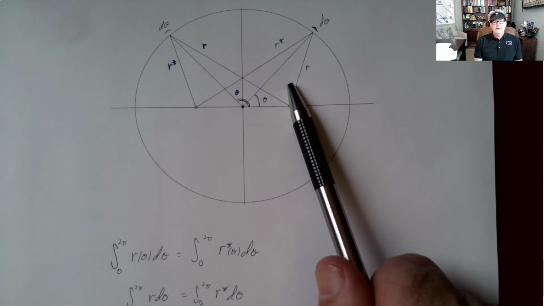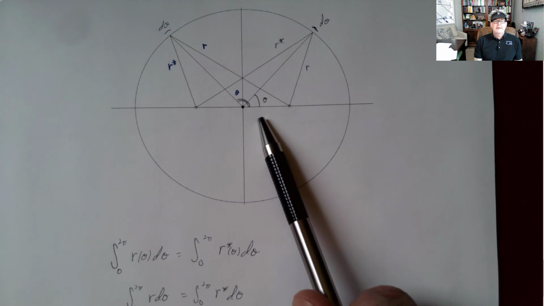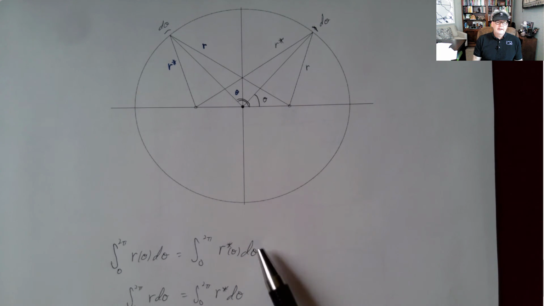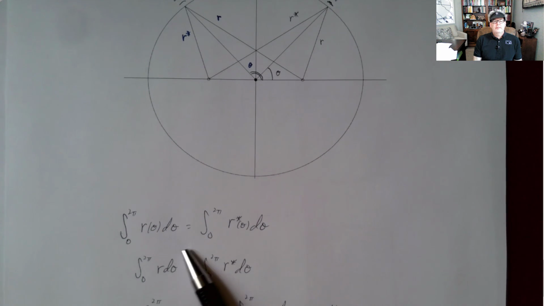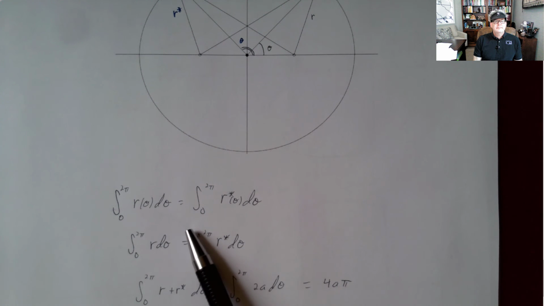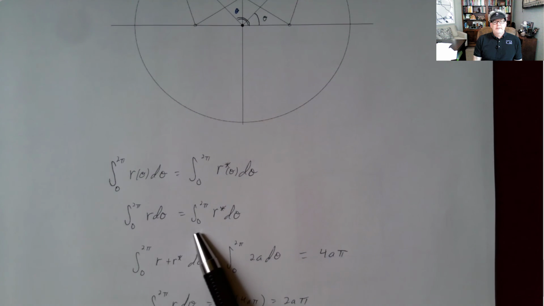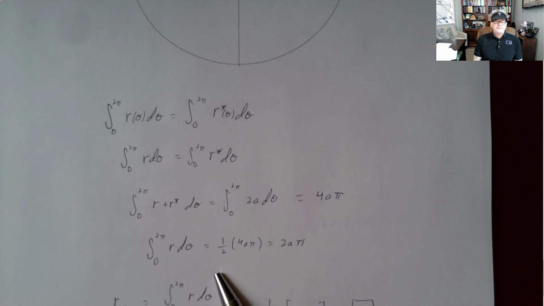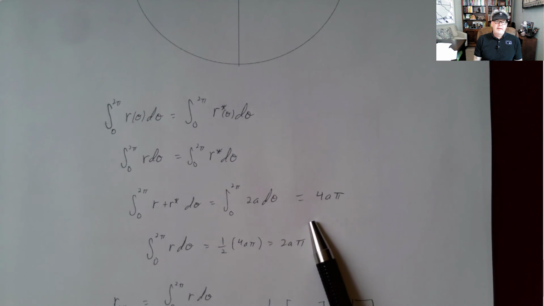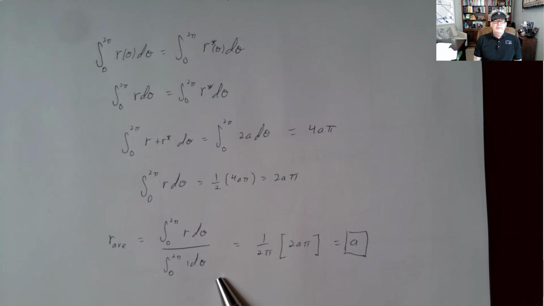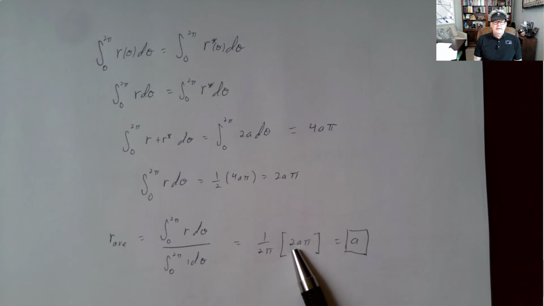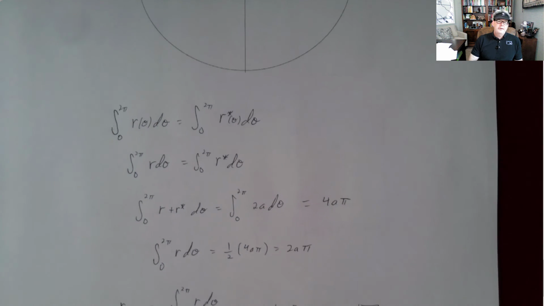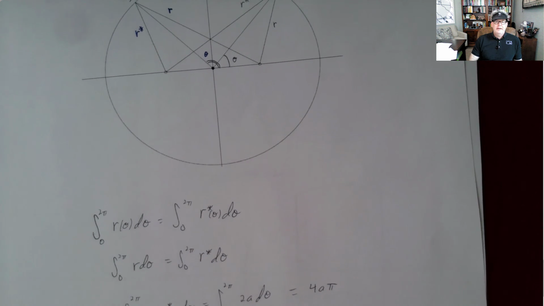Their sum will give me 2a, but if you go all the way around, by the symmetry, you're going to get the same result. So again, if they're equal, their sum is 2a, so each one contributed half that, and so for the average value, it's that 2 pi a divided by 2 pi, so a. So I'll look at that numerically in a moment here.